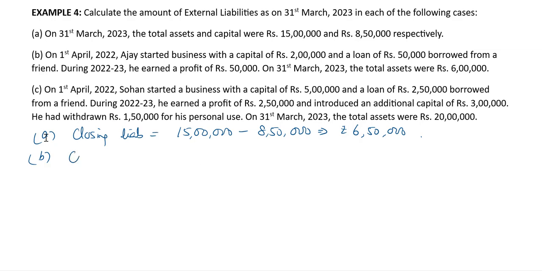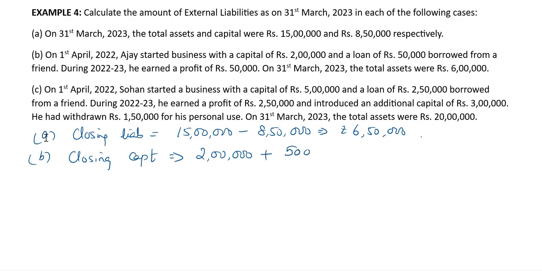Let's find out the closing capital. Closing capital is equal to opening capital, which is rupees 2 lakh, plus the additional capital, which is not there, minus the drawings also is not there, plus the profit.